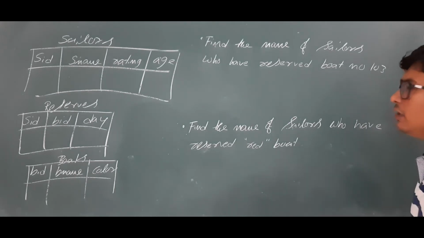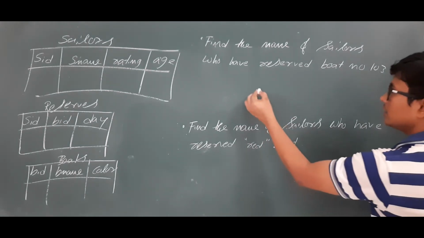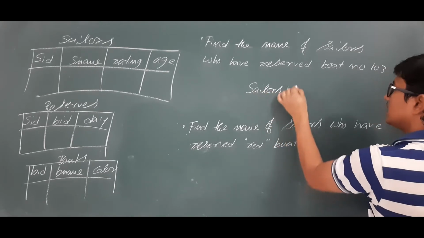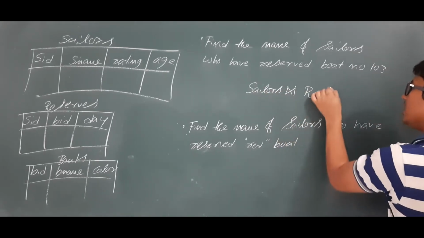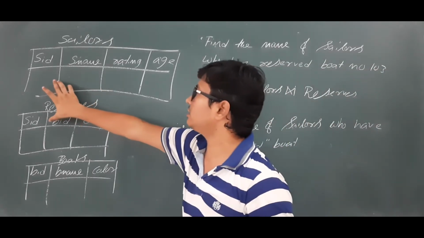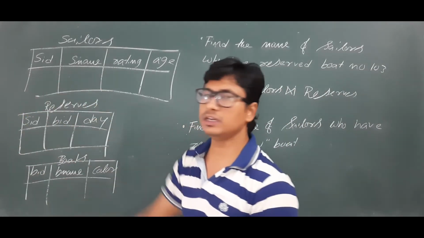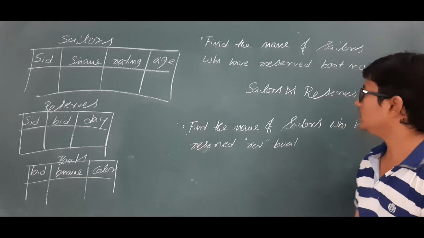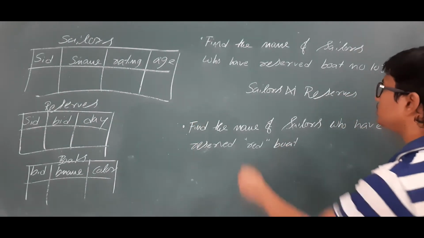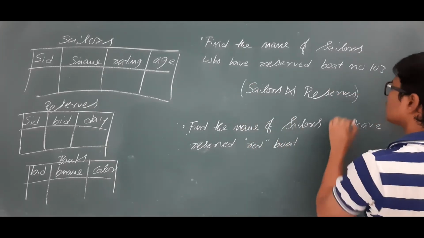Lot of people will do it like this. Let me write it. They will apply the natural join between the sailors and reserves tables. Why can they apply the natural join? Because there is a common attribute between sailors and reserves, which is SID. You can apply the natural join, or you can apply the equijoin also, not a problem. Why am I applying the natural join?